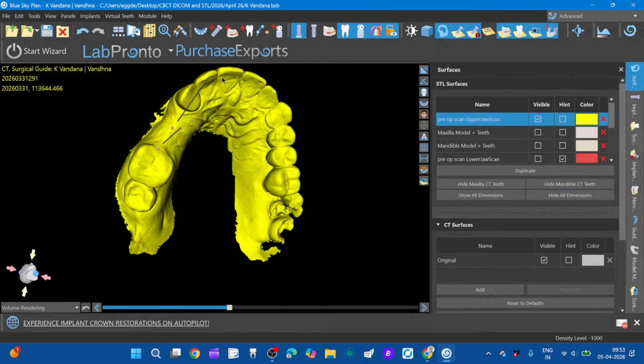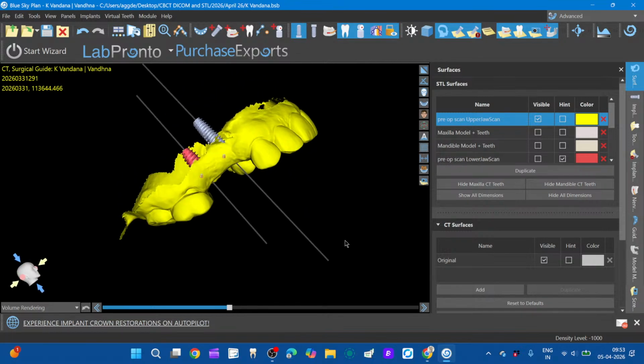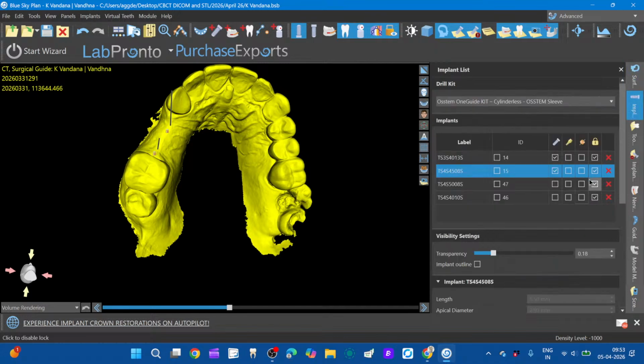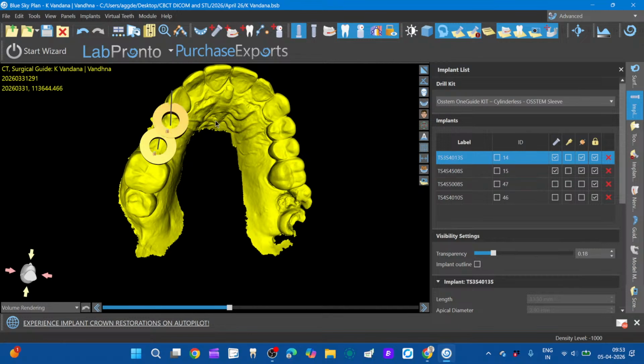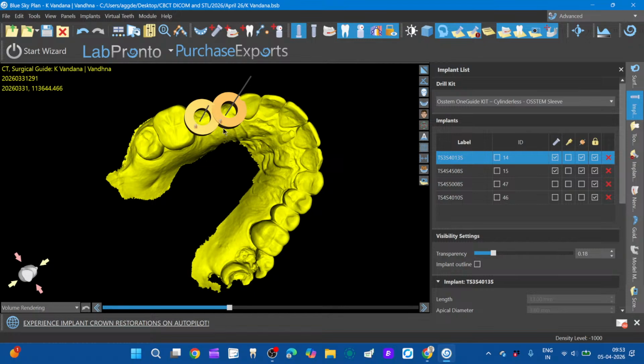So you can see the exit of the implant as well, the parallelism. If you add the guide tubes, whatever portion of the guide tube is overlapping the tooth will be merged with the guide only.